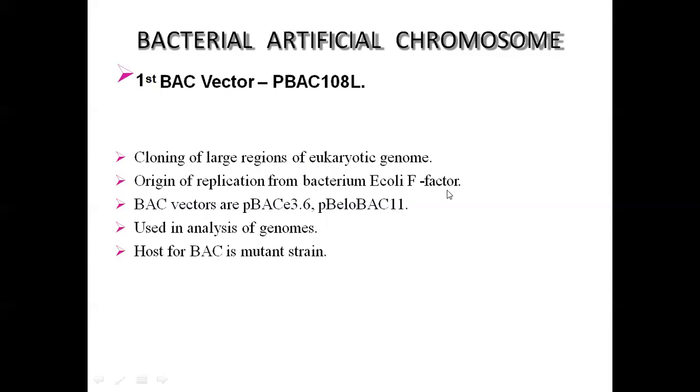The origin of replication site is also there, and the F factor is the sex pili factor, which is involved in conjugation or transformation in bacterial gene transfer. These are examples used in analysis of genomes. These are the features you can write down in your notebook and memorize for your exam.